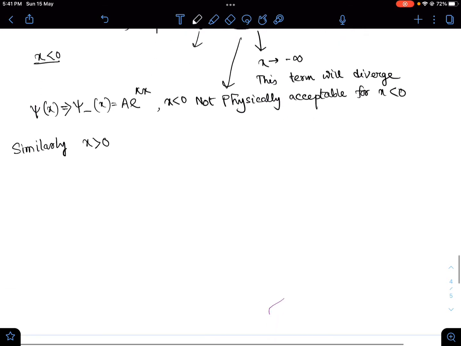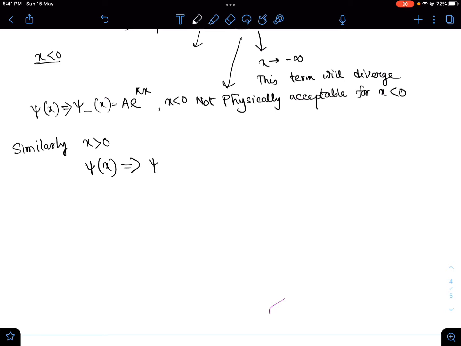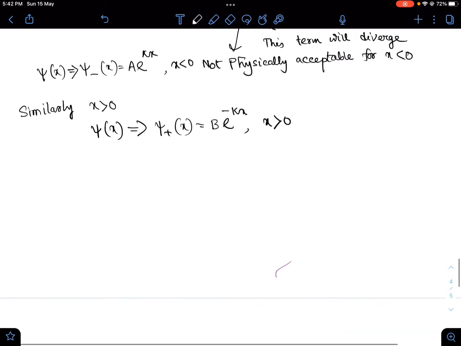So we will have psi x for x greater than 0 to be of this form. So this is for x greater than 0.